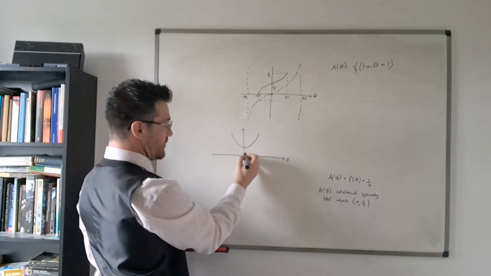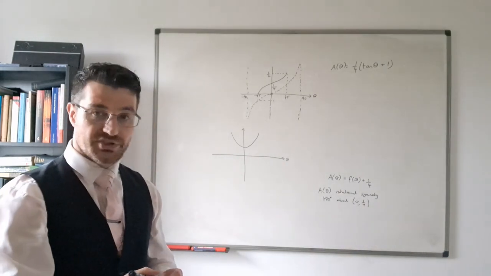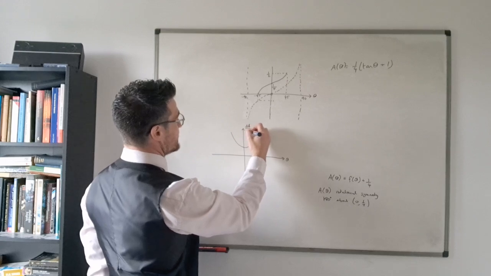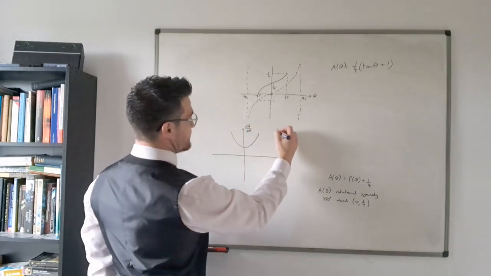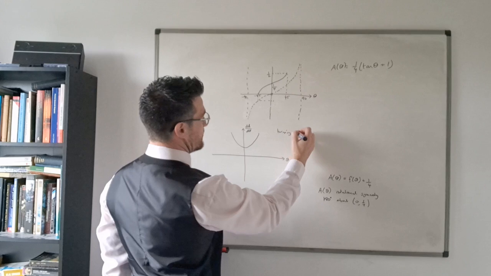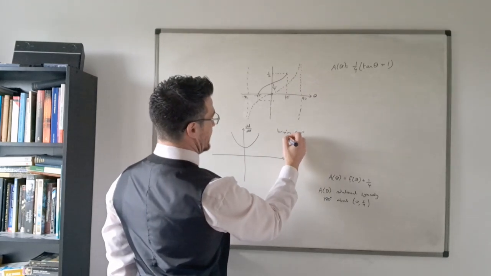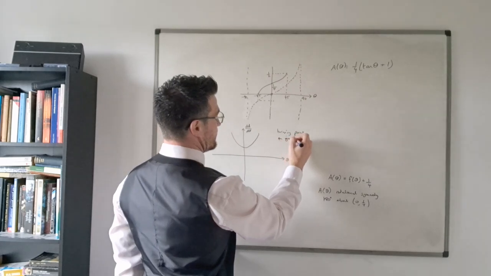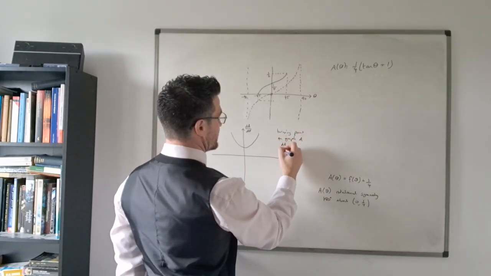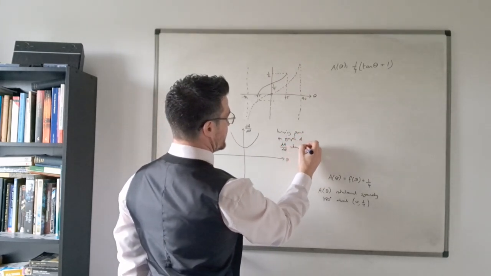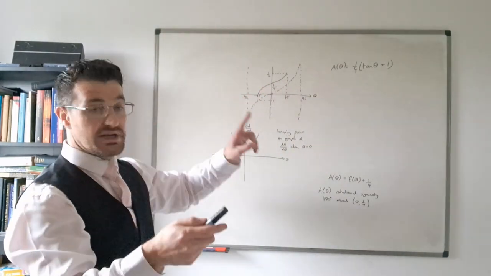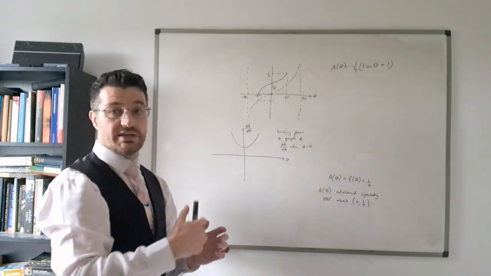I've got a turning point on the graph of dA by dθ when θ equals 0. Notice I do not have a turning point on this graph. The turning point is on the graph of the gradient function.